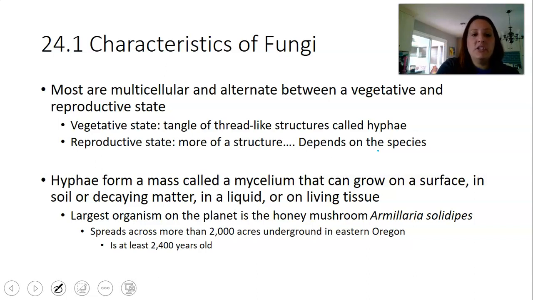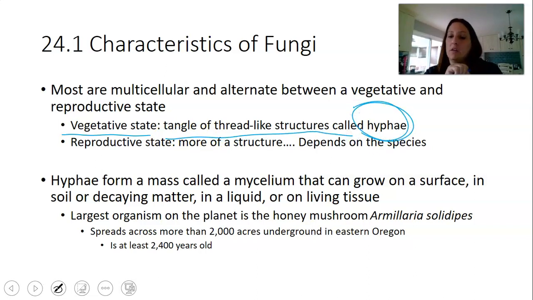Okay, in the vegetative state, multicellular fungi are going to be composed of a tangled mass of thread-like structures, and each one of those threads is called a hyphal strand, or hypha. In the reproductive state, you get more of a structure. It's not just this tangled mass of thread-like structures called hyphae. Instead, you get an actual structure.